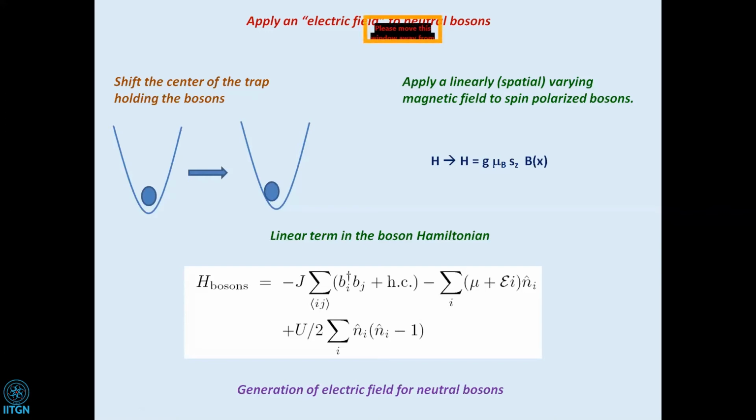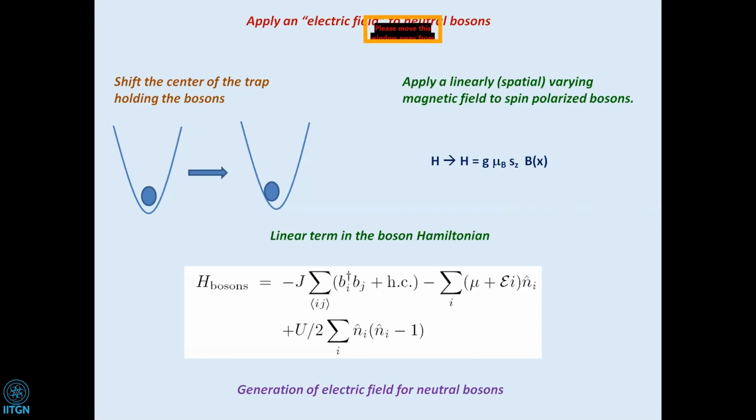Once you put in a magnetic field which is a gradient, linear in x, for example, and they know how to create those kinds of magnetic fields in the laboratory, this Zeeman term also emulates the effect of a constant electric field for this neutral boson. Again, there would be a term in the Hamiltonian proportional to x, provided that the magnetic field is linearly growing with x.